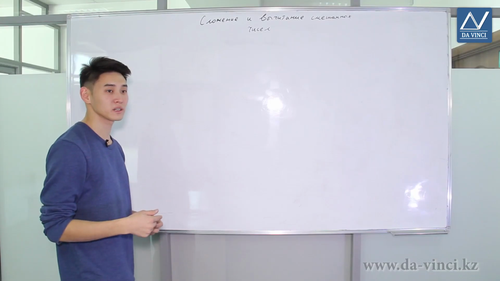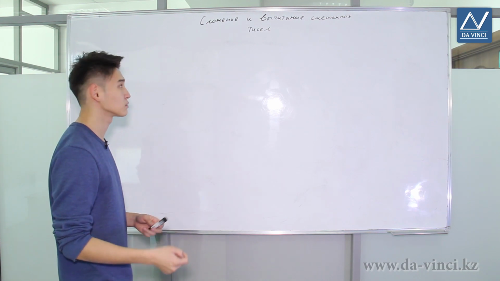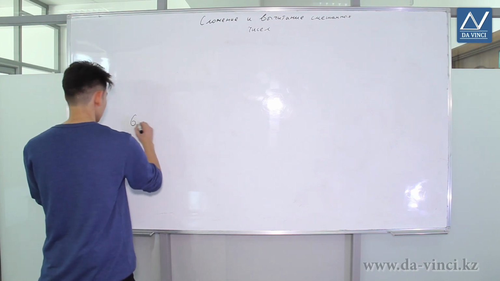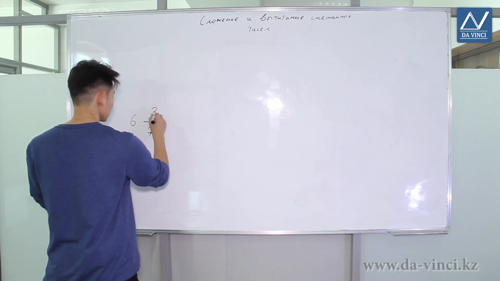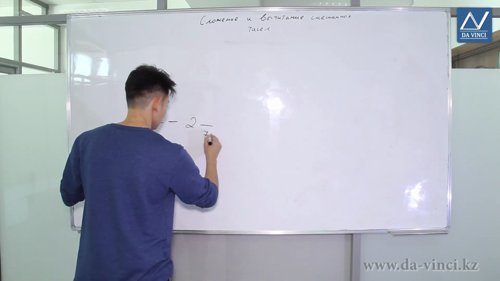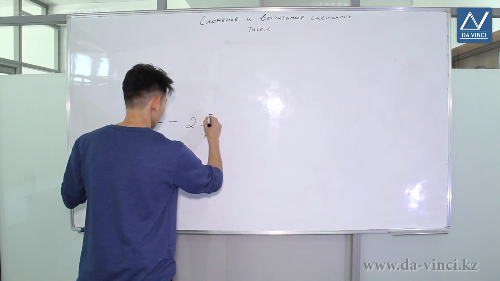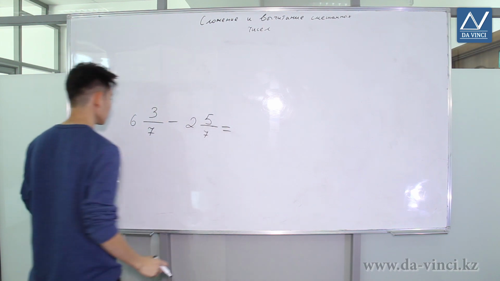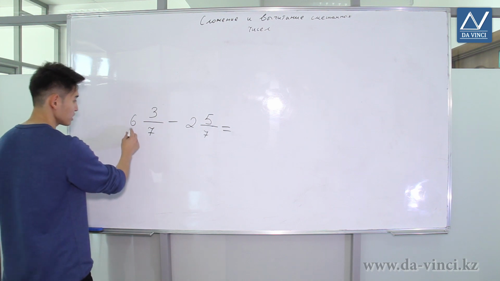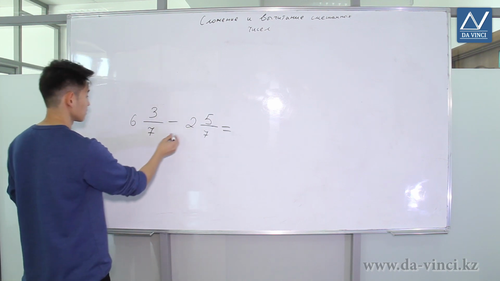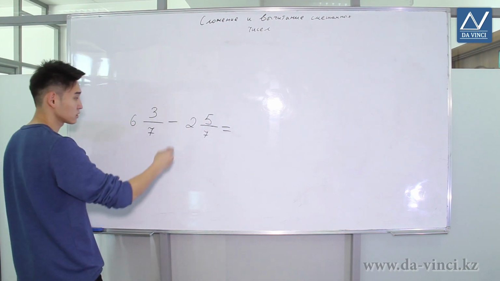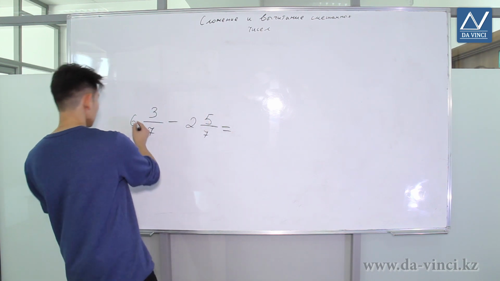If the numerator of the first number is less than the numerator of the other number, then we perform this operation when subtracting. For example, 6 and 3/7 minus 2 and 5/7. As we see, the number 3 is less than the number 5, but the number 6 is more than the number 2. That is, this mixed number is more than this one. Therefore, we can perform the calculation. How?